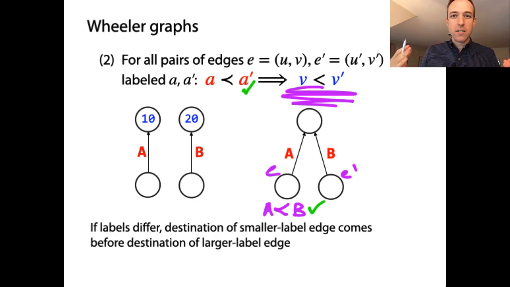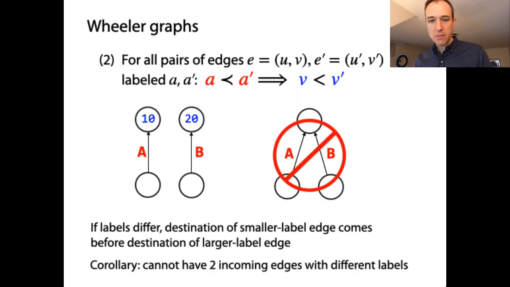It doesn't make sense. So in this case, we can see, just purely based on the shape of this part of the graph and what those two edge labels are, that it can't possibly be a Wheeler graph, right? Wheeler graph property number 2 is definitely violated right here. Okay? So it's kind of a corollary of our rule 2 that a node cannot have two incoming edges with different labels, right?